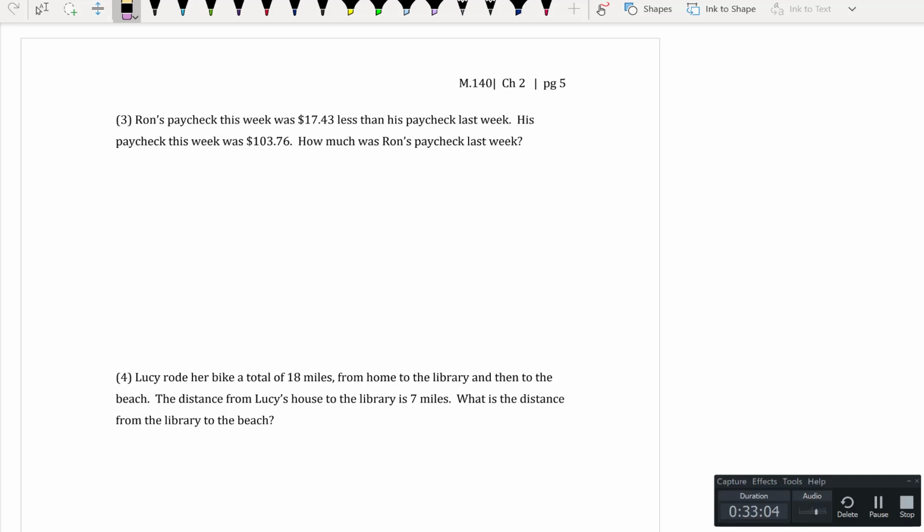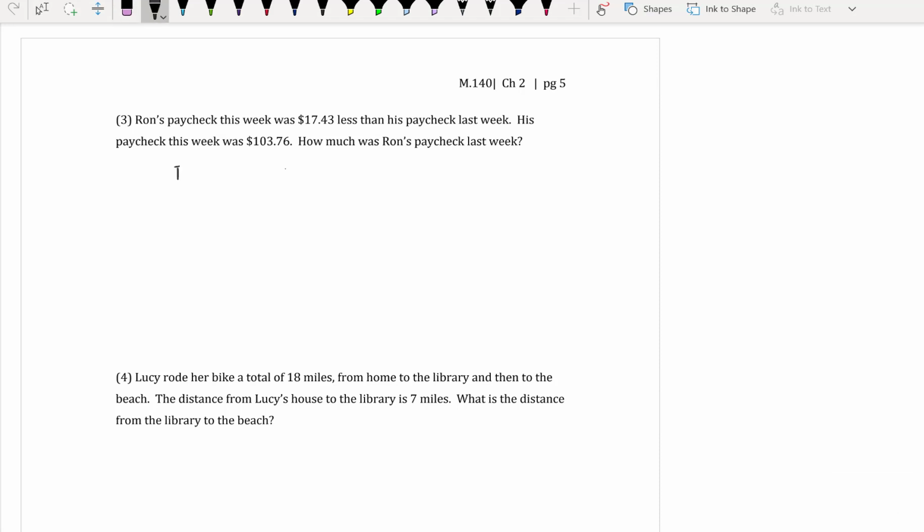I think the best way to explain this is to think about this problem as this week and last week. So we know that we are talking about this week, and we're also talking about last week. And we're going to separate these two into an equation.